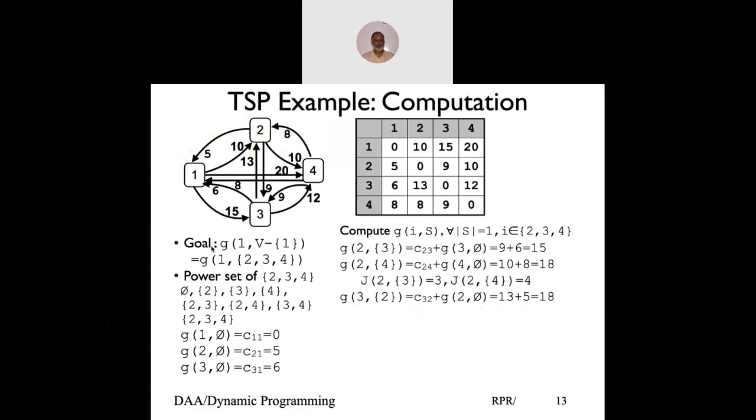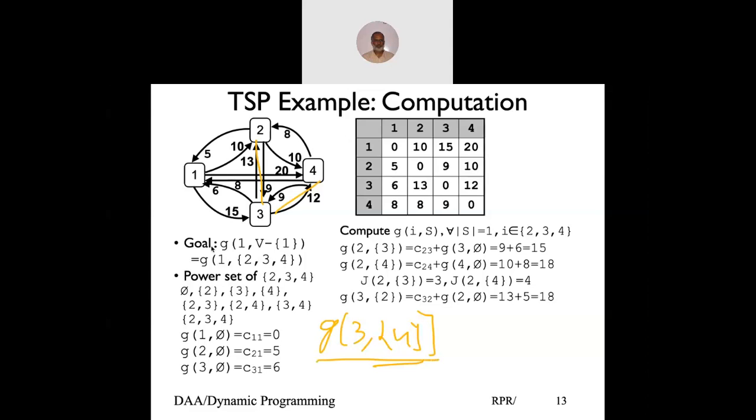Same way you find G(3, {4}). Remember, 1 would never come here because 1 we started from. 2 is taken, so from 3 either we can go to 2 or we can go to 4. We have no other choices. 1 we need to come back. So can you quickly compute and tell me what G(3, {4}) would be? Quick computation so that you can understand.